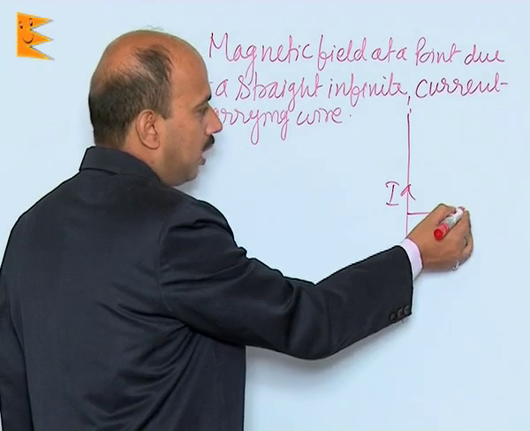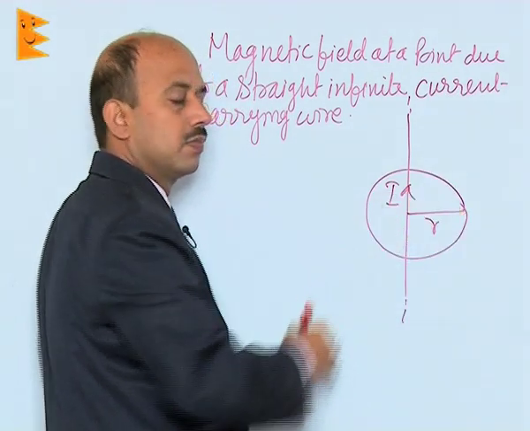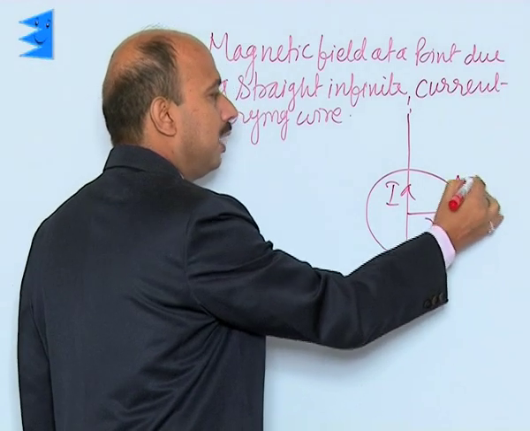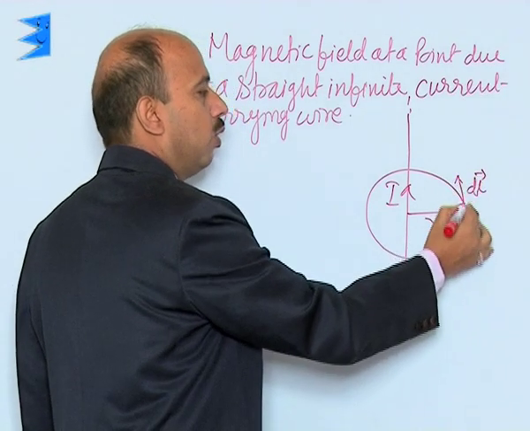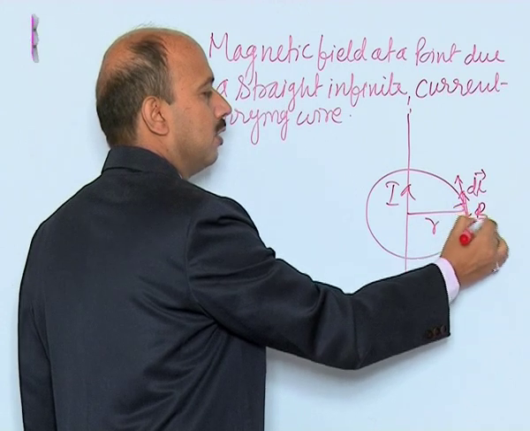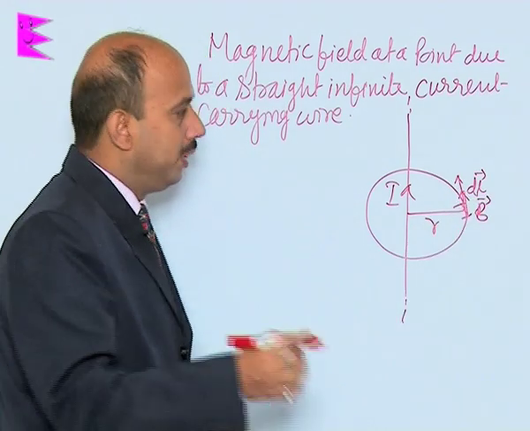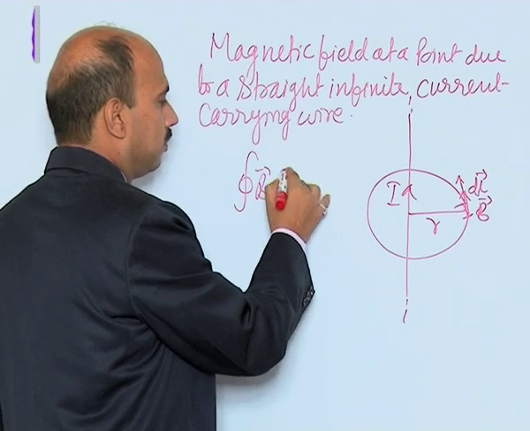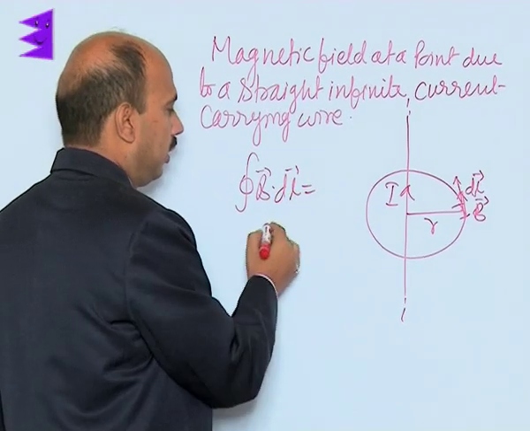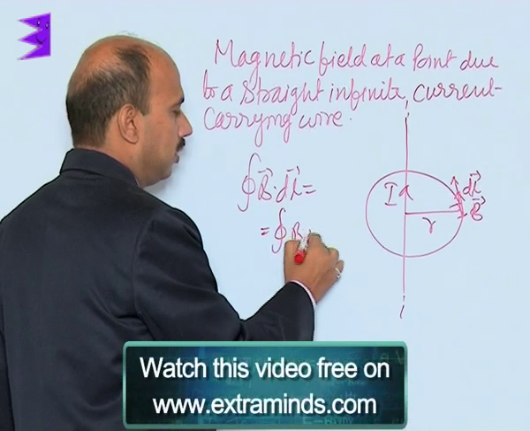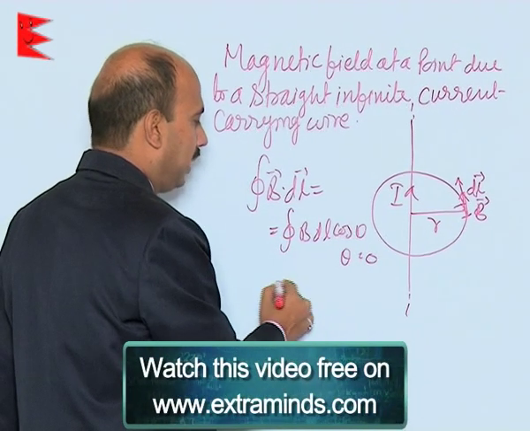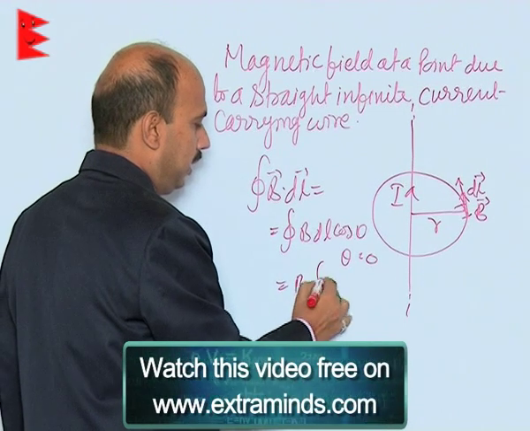We take an Amperian loop, and in the Amperian loop we assume a small element dl and the magnetic field tangential. So, we can write B dot dl is equal to B dl cos theta, theta is 0. So, we can write B dl.